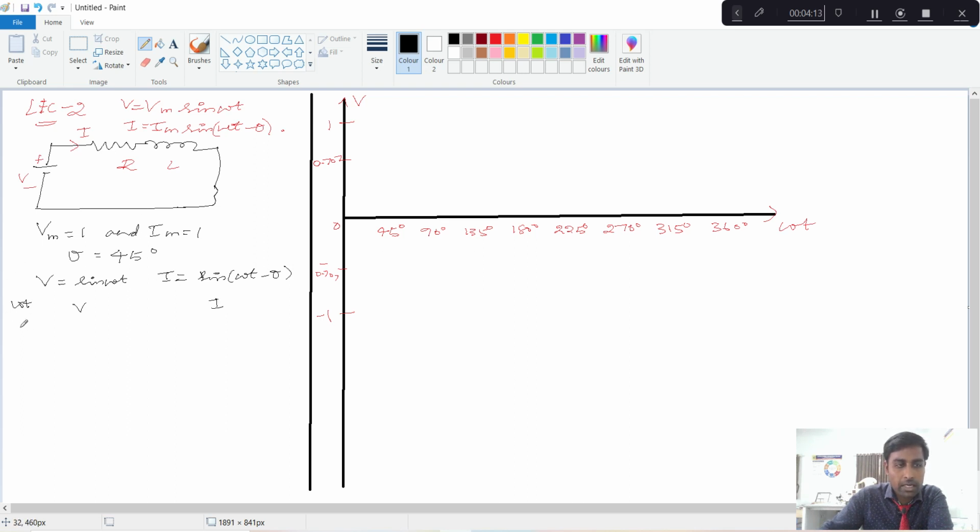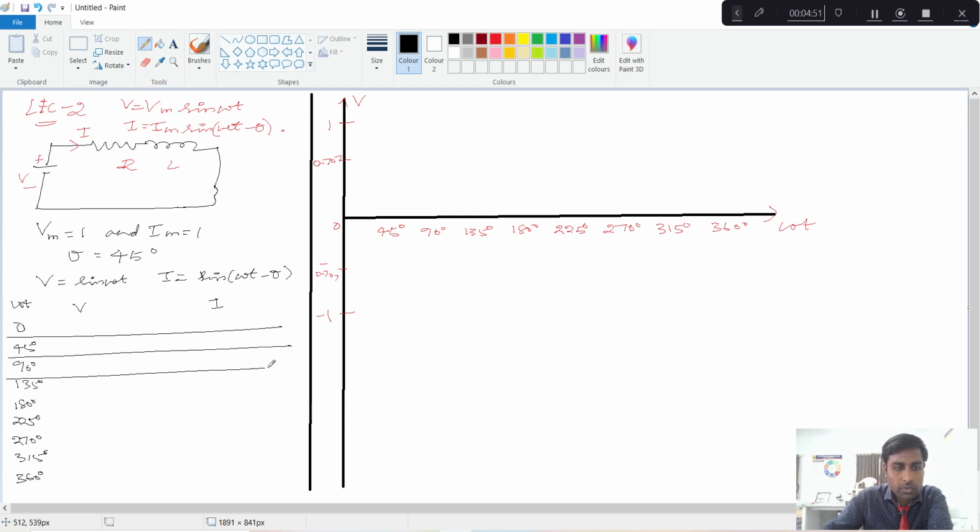First of all I have to substitute all the omega t in V as well as I. So this is 0 degree, 45 degree, 90, 135, 180, 225, 270, 315, and 360 degrees. I split this so that I can easily understand the values.